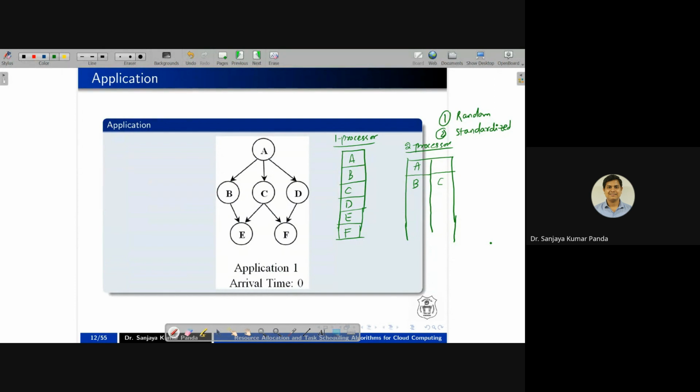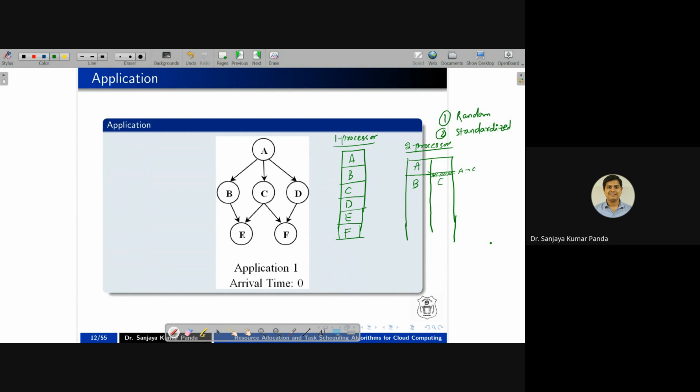But ensure that once A is completed, the result of A is sent to this particular processor. Then only you can start C. So it also takes a little bit of time. This time indicates transmission of the result of A to C, that means communication from processor 1 to processor 2.